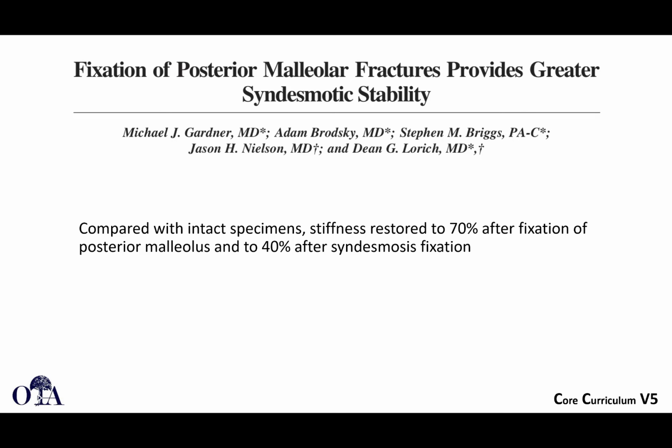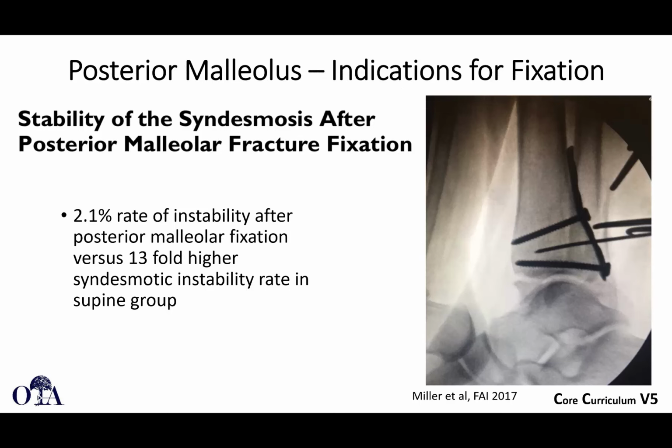the syndesmosis? So compared to intact specimens, stiffness was restored to 70% after fixing the posterior malleolus and only to 40% after syndesmosis fixation. So fixing the posterior malleolus, at least in this study, potentially provides greater stability than just doing a syndesmotic repair.